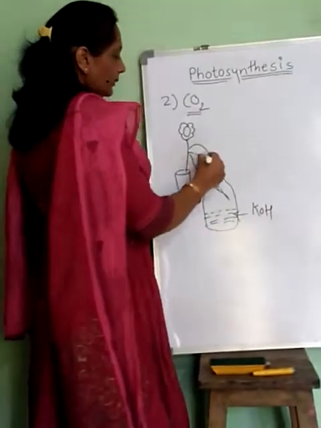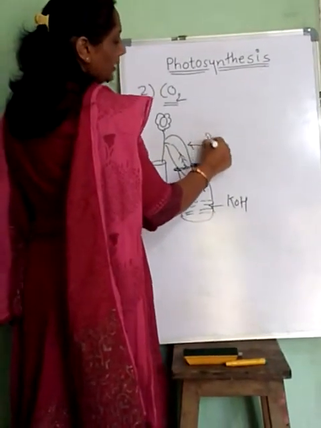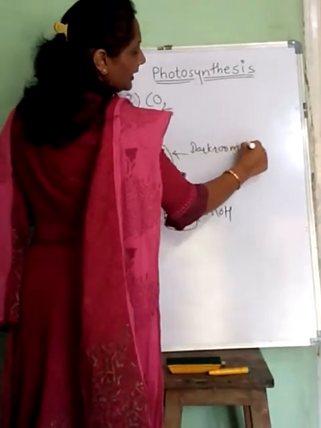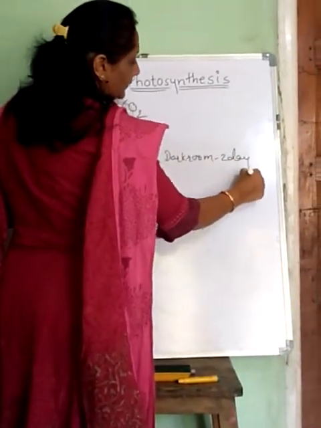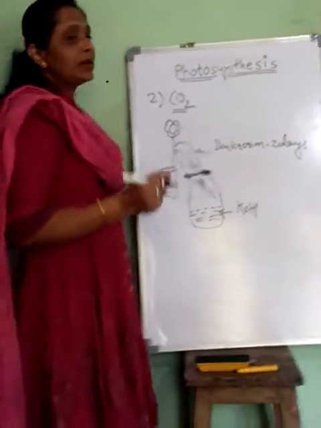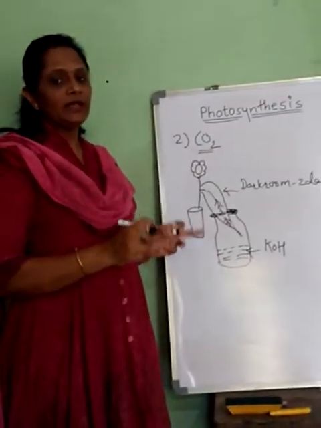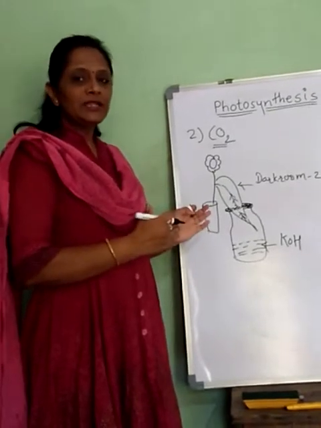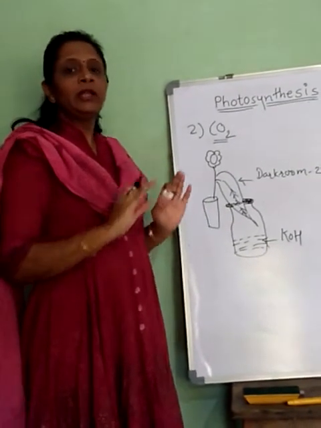Now we are going to keep this arrangement in a dark room for say 2 days, as we have done for the last experiment, and then destarch the plant, that means whatever starch was previously present in the plant is totally removed.